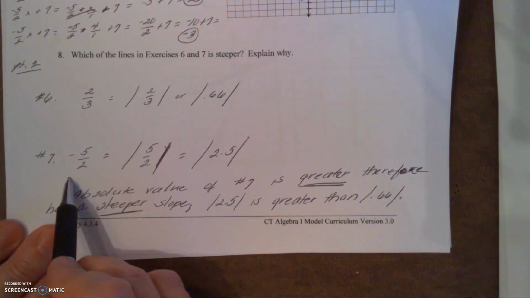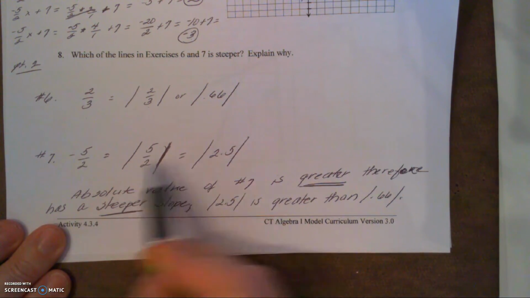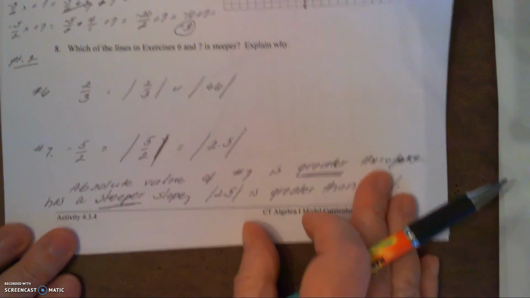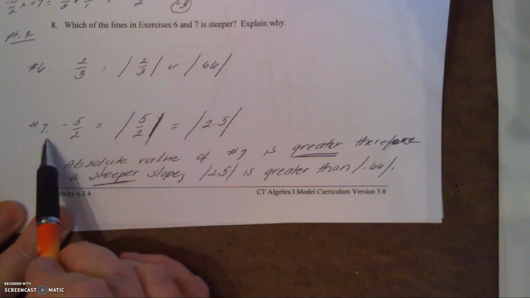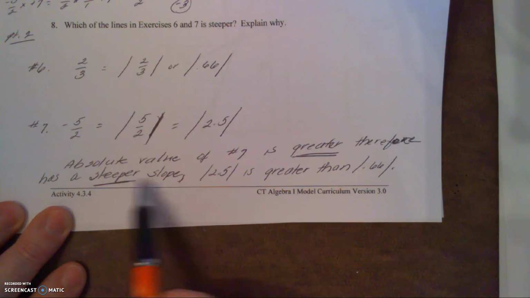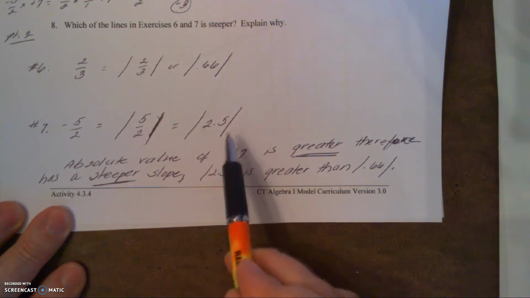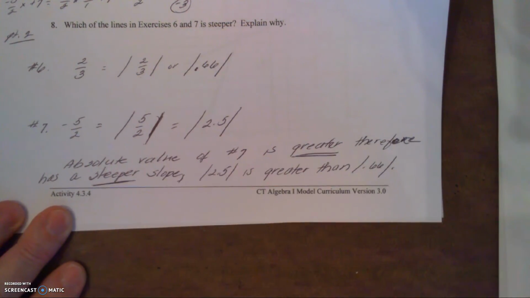If you take negative 5 over 2, the absolute value is 5 over 2. When you divide 5 divided by 2, you get 2.5. So here we know absolute value of number 7 is greater, therefore has a steeper slope. So the absolute value of 2.5 is greater than the absolute value of 0.66.